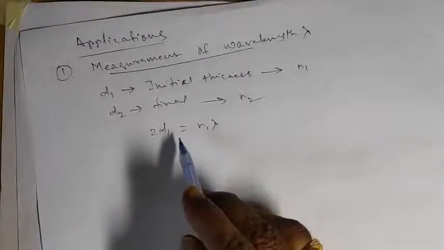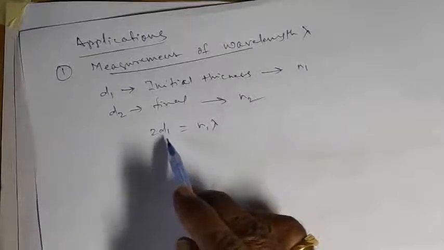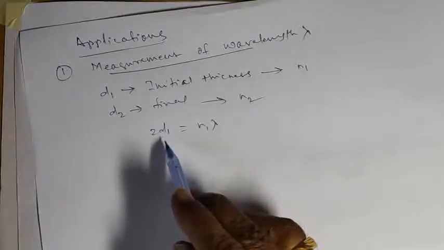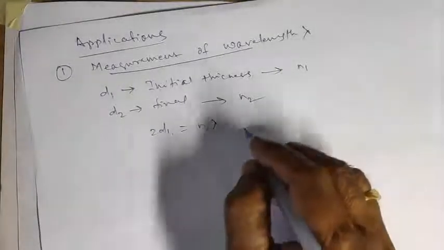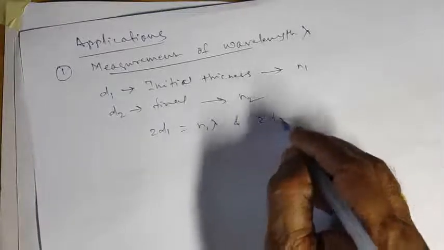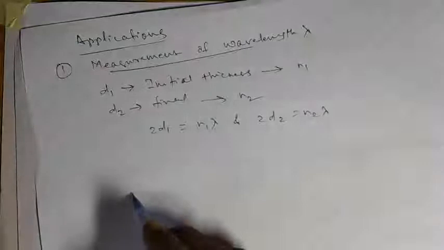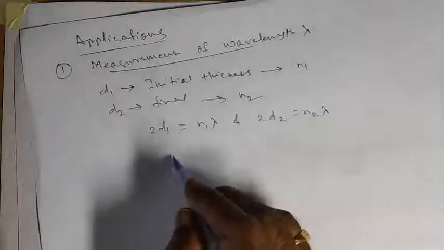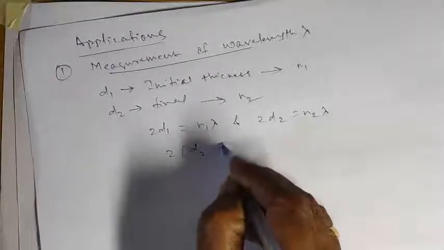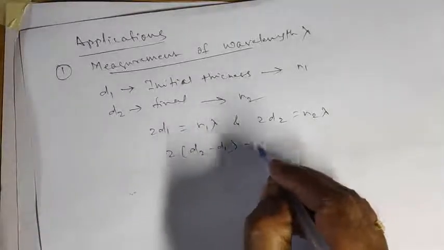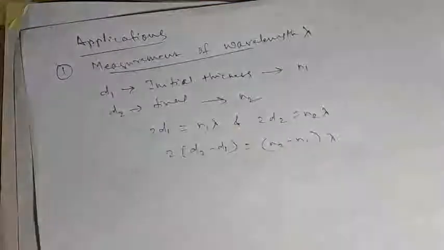Here we have considered the angle of reflection as very small, and therefore cos theta is equal to 1. So 2 d1 is equal to n1 lambda, and 2 d2 is equal to n2 lambda. These two equations you will get. Now by subtracting the two equations, 2 times (d2 minus d1) is equal to (n2 minus n1) into lambda.